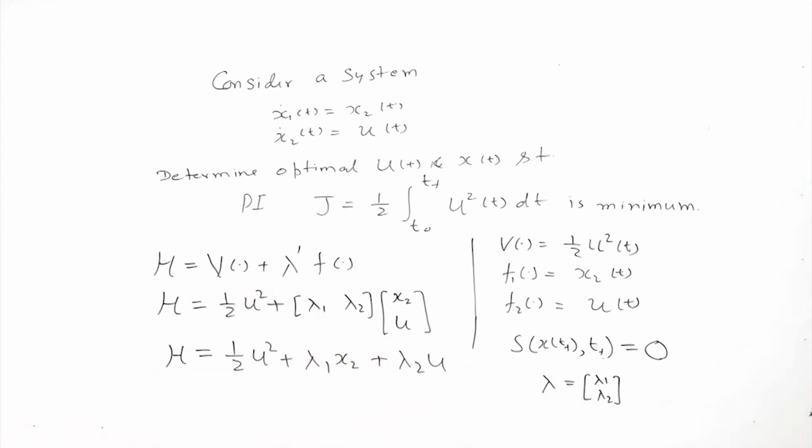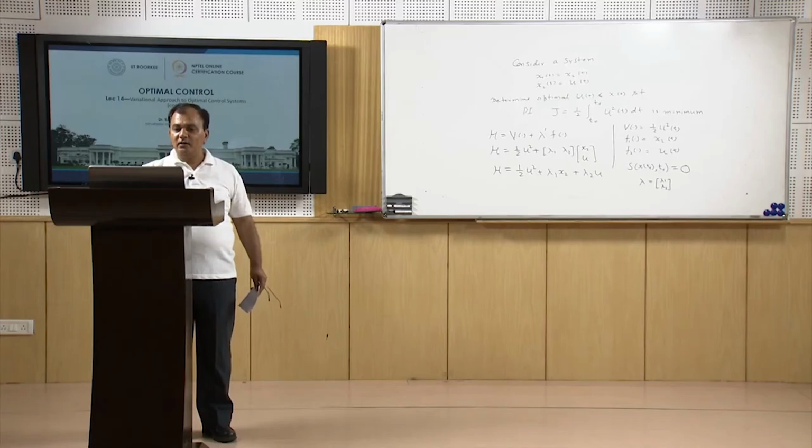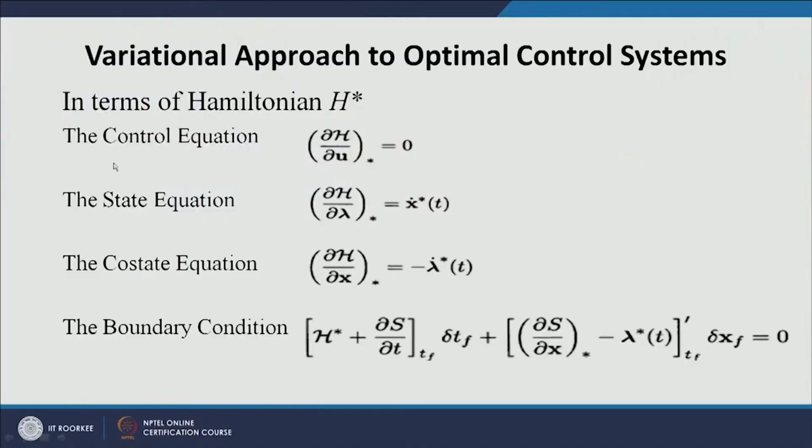What is my objective? To solve this using these 4 equations. My control equation is del H by del u equal to 0, so first I will find out the control.